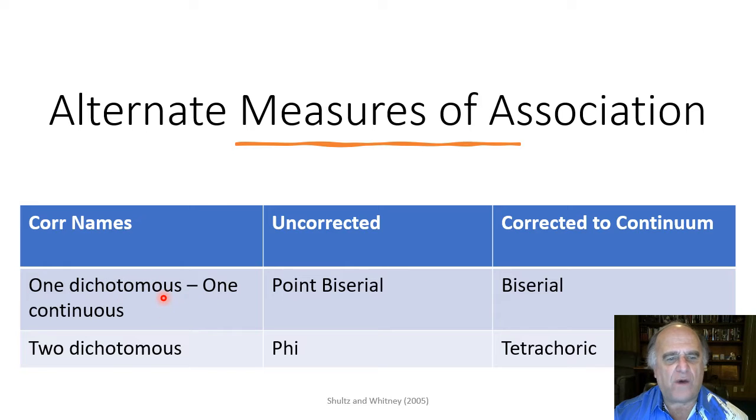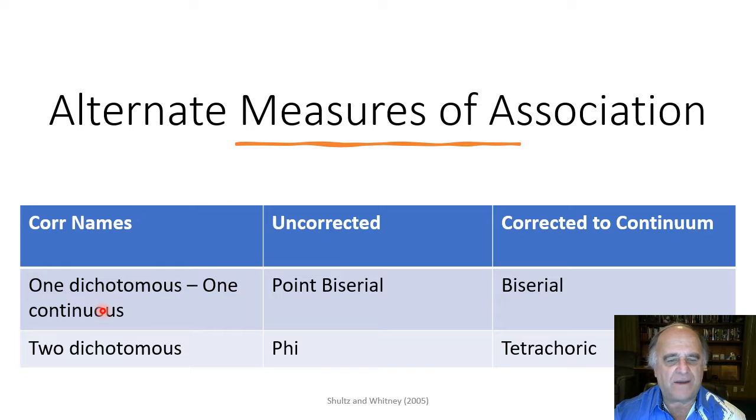So if we have one dichotomous variable and one continuous, again, a dichotomous variable is one that can only take on one of two values. For example, correct, incorrect, true, false, high, low, senior, younger, whatever you want it to be.